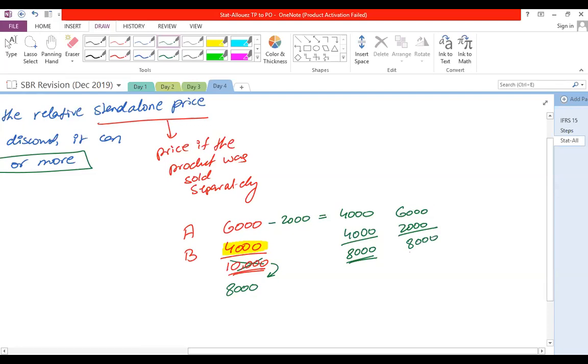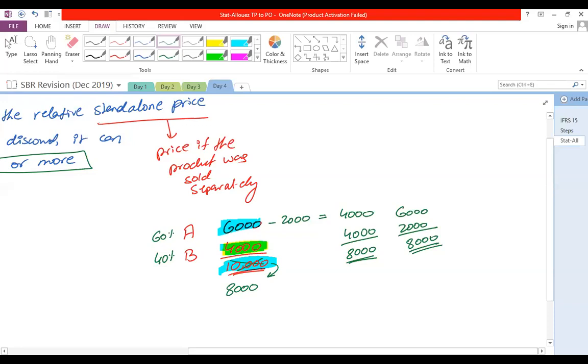And the third possibility is that both the products are running, but as a marketing strategy, we are providing both of them together. In that case, we will allocate the discount to both of them, and the allocation should be based on the standalone price. The standalone price in total was 10,000. The breakup was 6 and 4. So product A is 60% of the total and product B is 40% of the total.